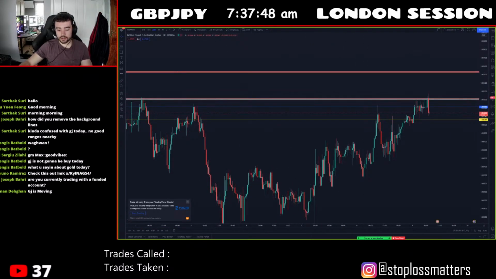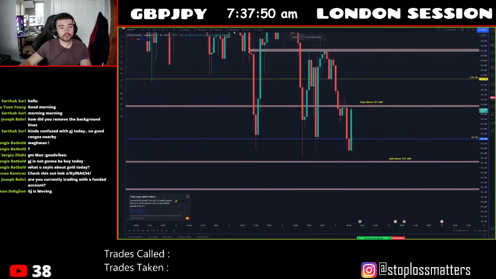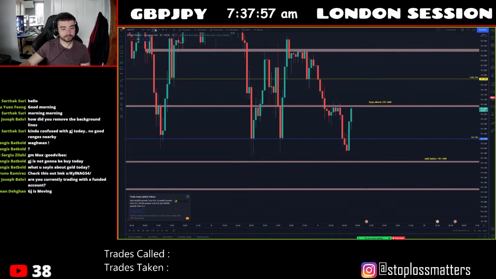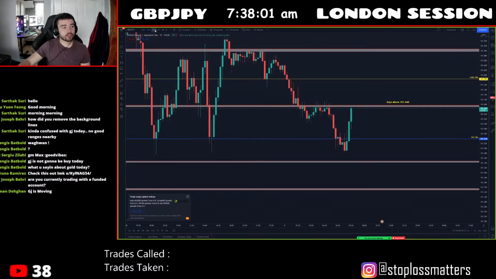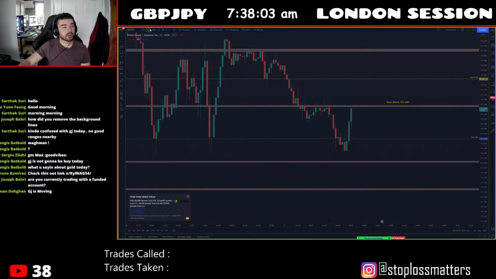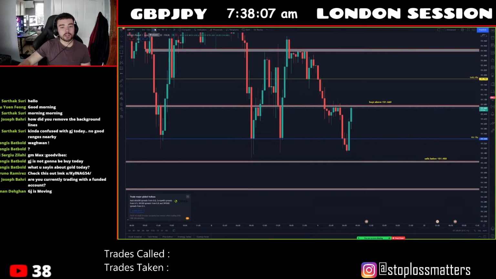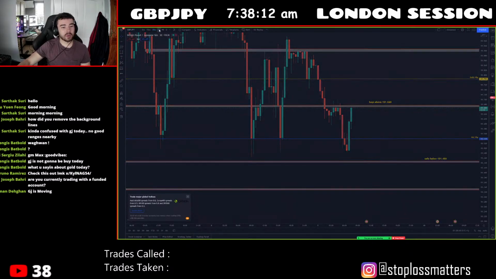Someone says GJ is moving. Yeah, I'm going to have to wait for this hourly close though, because there's no bottom wick on the hourly, which is rather annoying. How long have we got left? 21 minutes. I don't like how the hourly didn't have a bottom wick.